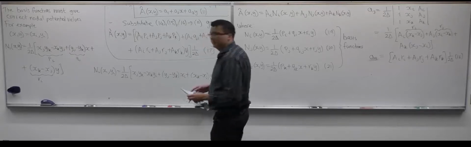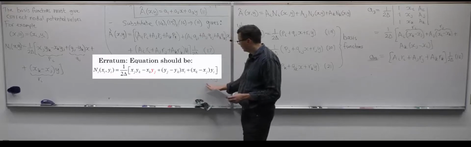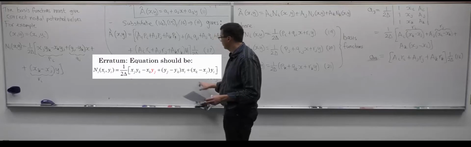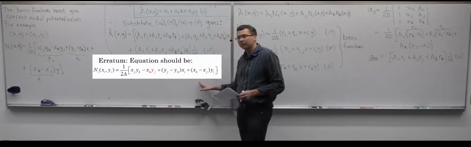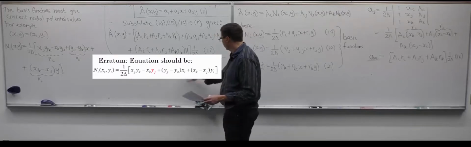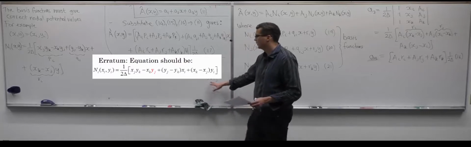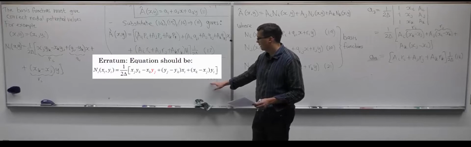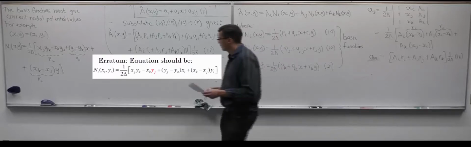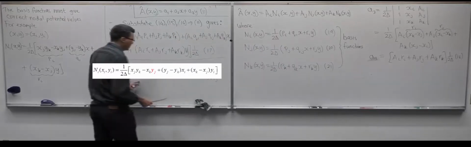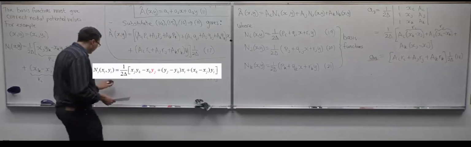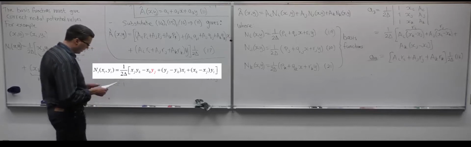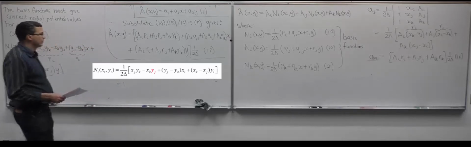Now it turns out that if you compare that with the equation for the area of a triangle, the terms in the square brackets are equal to 2 times the area of the triangle. I'm not going to prove that here. I'll let you check that. So if this in the square brackets is equal to 2 times the area of a triangle, then this becomes a big 1, which is good.